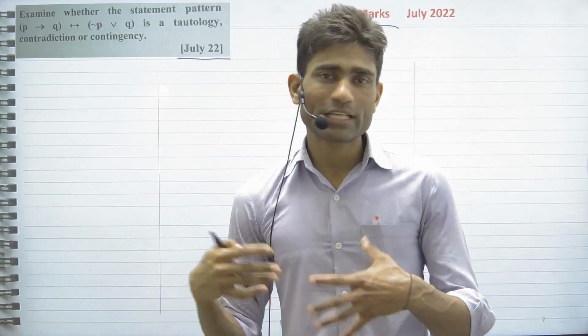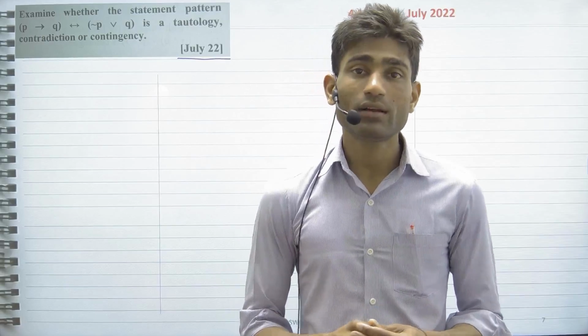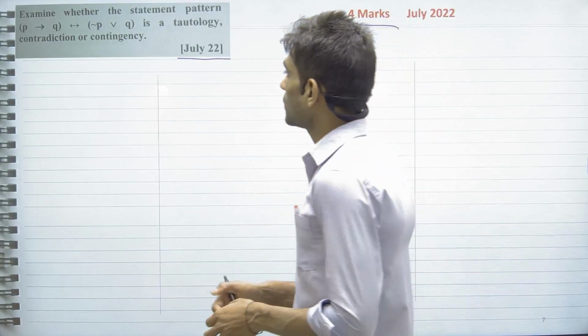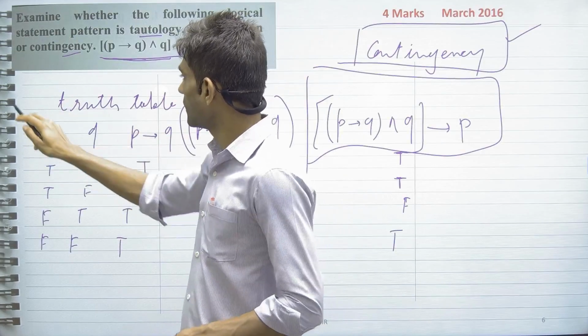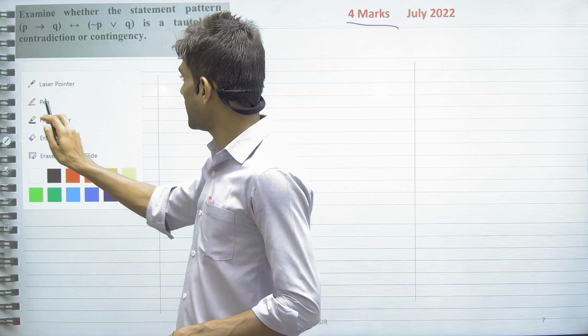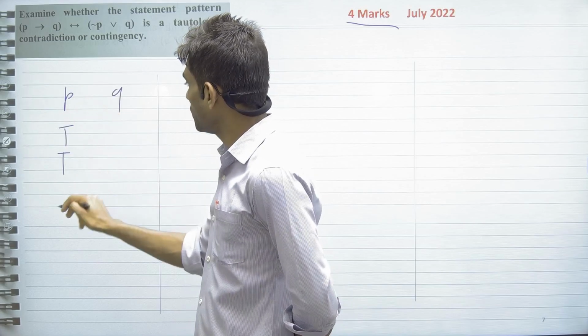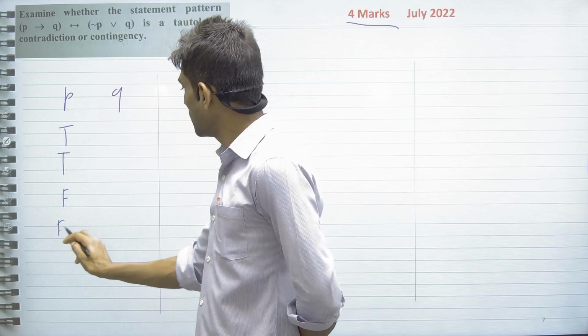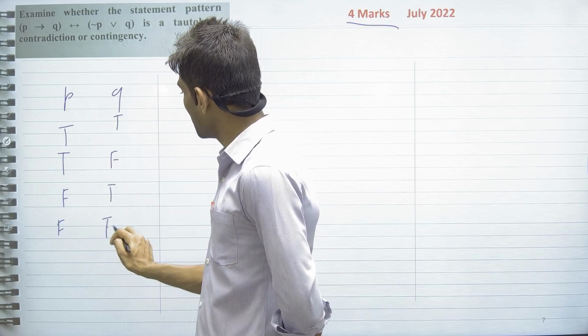As I explained in my previous example, we have to follow the same pattern here. We have two statements, P and Q. So consider both true, both false, and then one statement true and another false, and false and true.